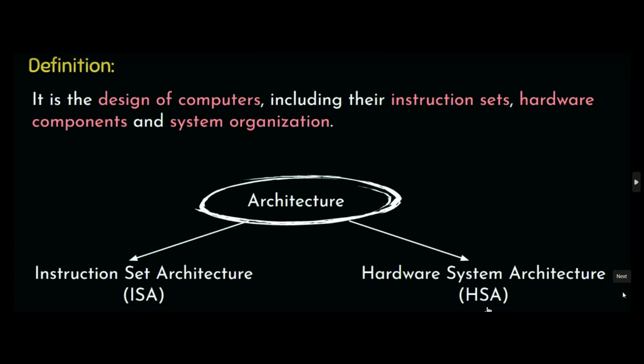Computer architecture is basically the design of computers. They include mainly two things, that is instruction set architecture and hardware system architecture. In short, we say ISA and HSA. ISA for instruction set architecture and hardware system architecture.